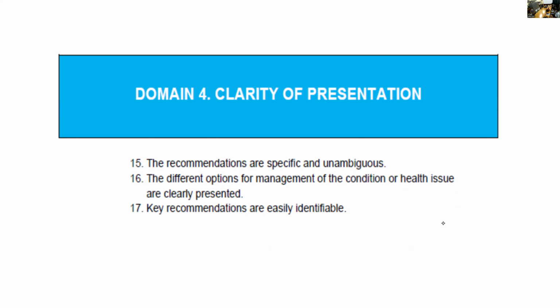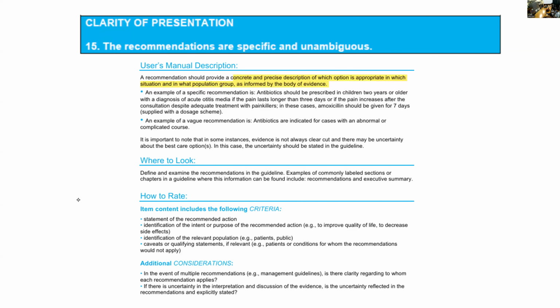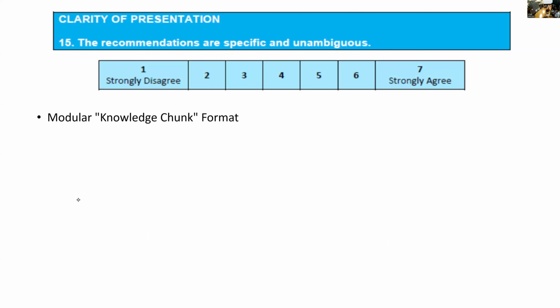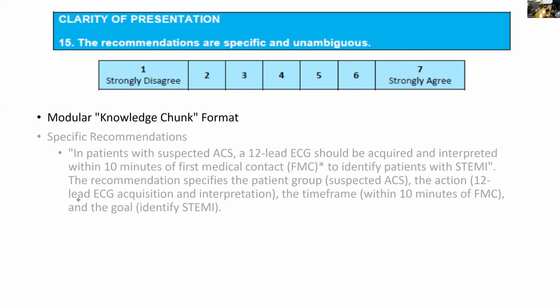So the next one is called clarity of presentation. The first one in this: the recommendations are specific and unambiguous. To answer this, they had a modular knowledge chunk format, which I had gone through earlier.